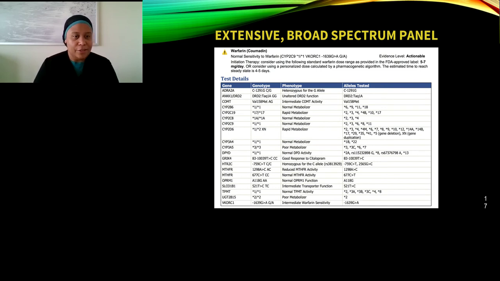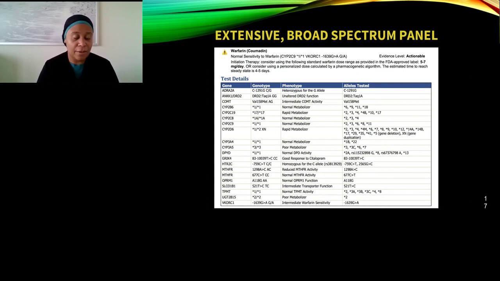So when we get the results, this is an example of an extensive, or what we call a broad spectrum panel. And you can see, depending on the model that you use, whether you are going to be looking at entire spectrums or a specific gene pool for a specific disease state. But this is an example for a broad spectrum where you have the test results and you have the genes, you have the genotype of the patient, you have the phenotype.